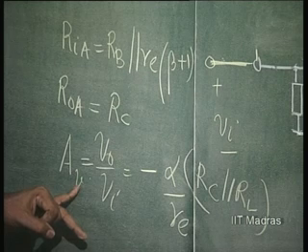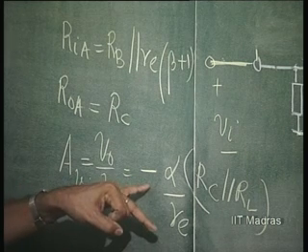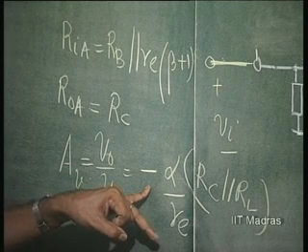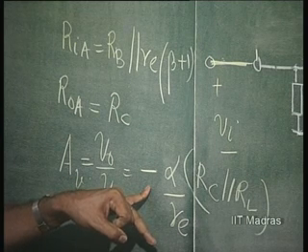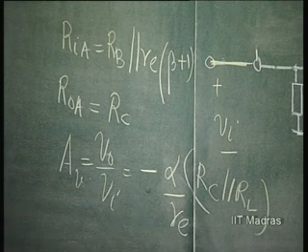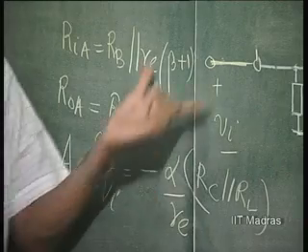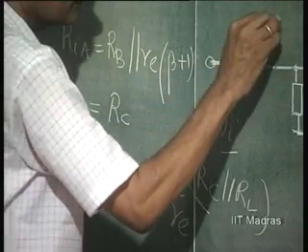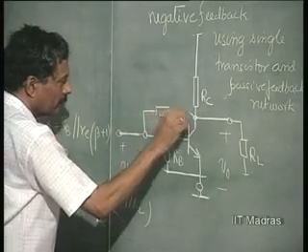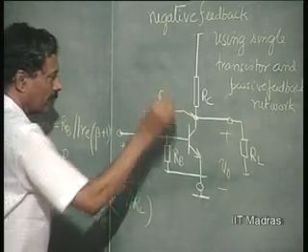The only difference between example 1 and this is that here it is having inversion, and in the earlier example the gain was without inversion. So, now what kind of feedback can be applied? We will now connect a simple resistance as the feedback network RF.